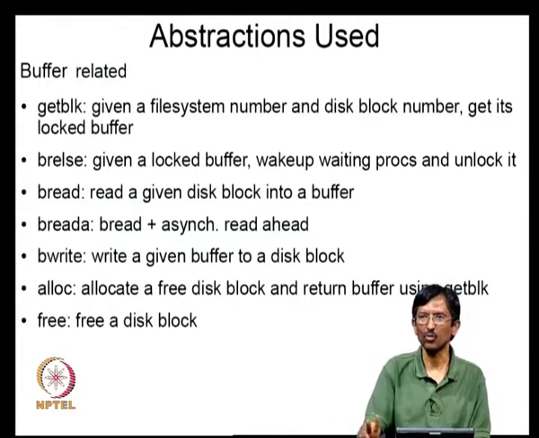There should not be two copies of the same thing, because otherwise each of the parties can write to it and they will be inconsistent. So there is a routine called get block, and of course this depends on various versions of file systems.